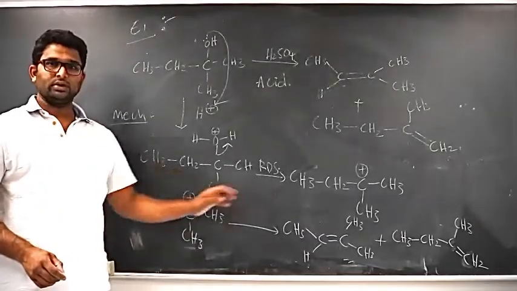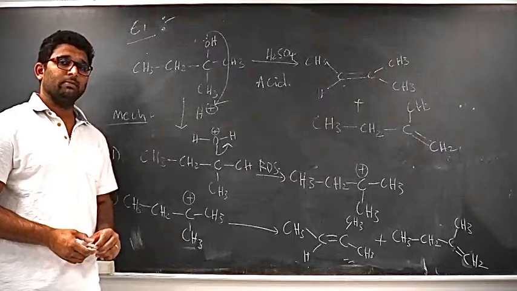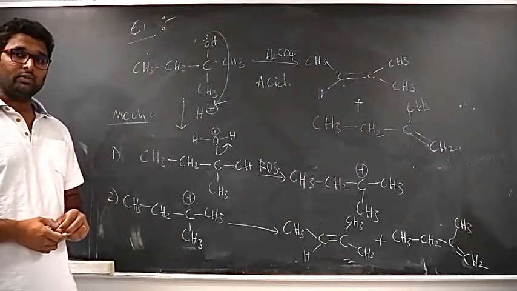These are the two alkenes we end up making in the E1 reaction.